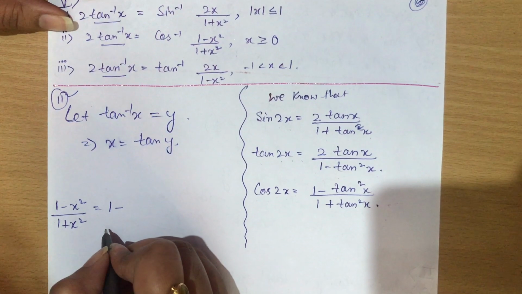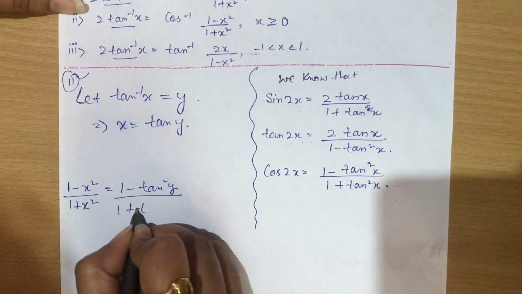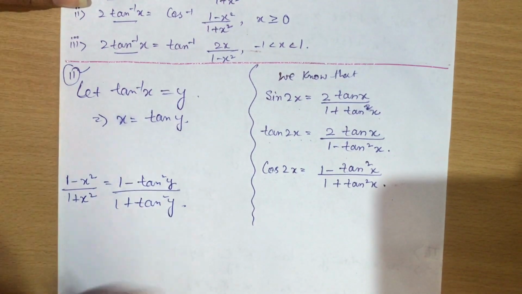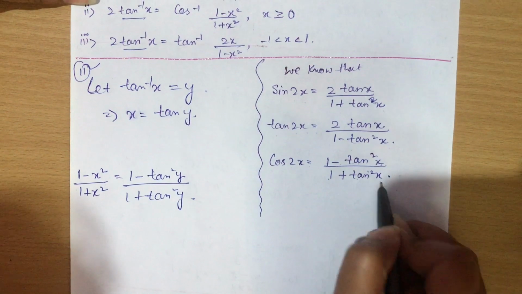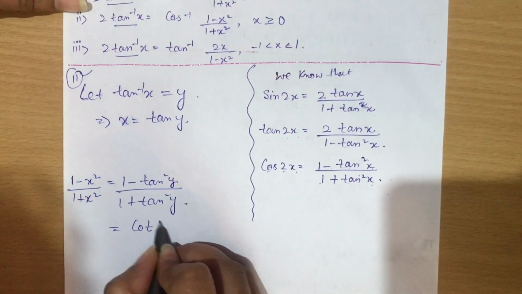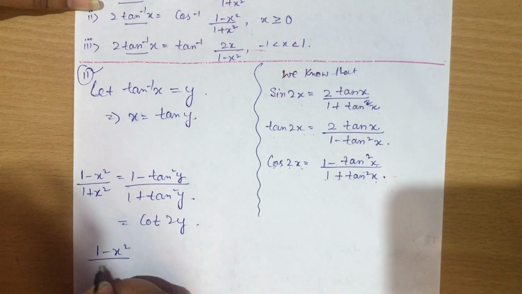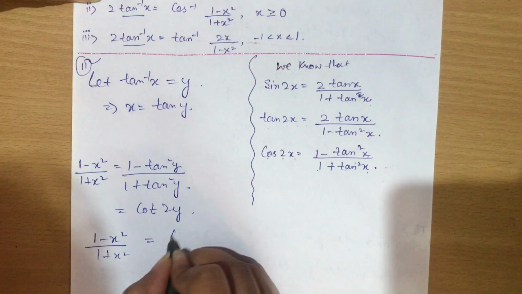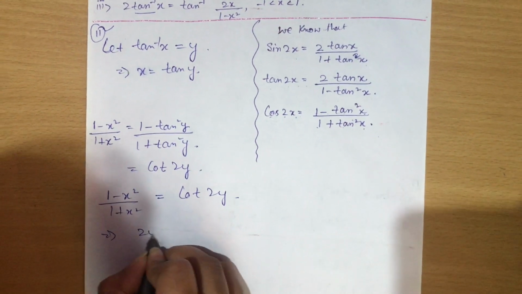Your x is tan of y. So it means 1 minus tan square of y upon 1 plus tan square of y. And this, 1 minus tan square of x upon 1 plus tan square of x, is equal to what? Cos of 2x. So it means this is equal to cos of 2y, right? And it means your value is equal to cos of 2y. And you can also write your 2y is cos inverse of 1 minus x square upon 1 plus x square.